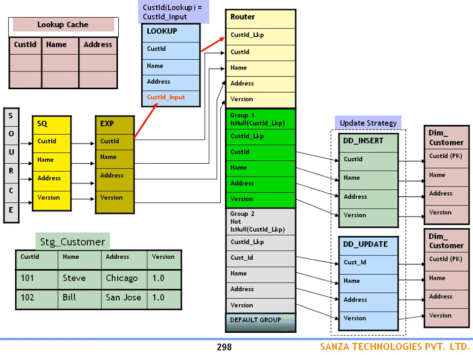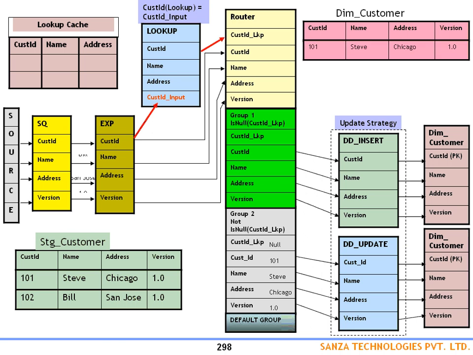Lookup does not contain any data in the cache, because there is no data in my dimension table. So first record comes in, scan the cache, does not exist, you insert it. Second record comes in, scan the cache, the lookup does not exist, the customer ID is a null value, so you go and insert the record.